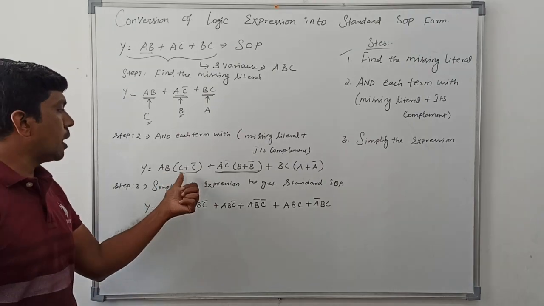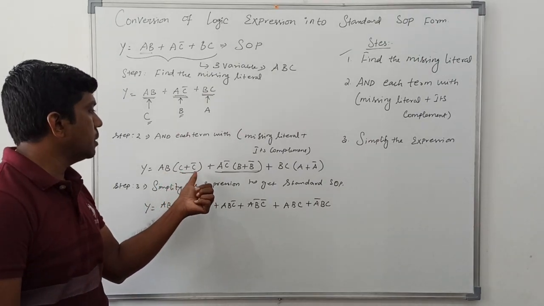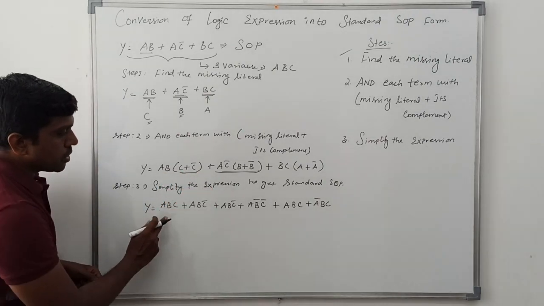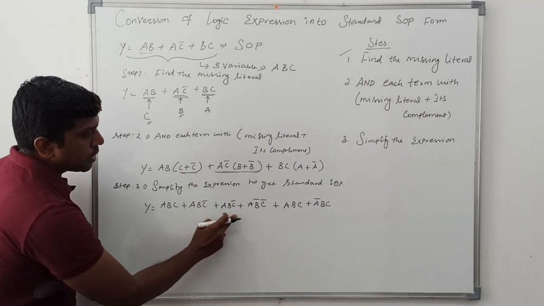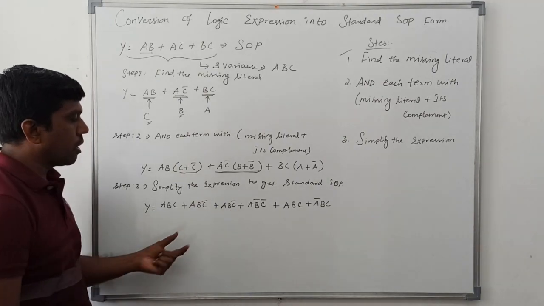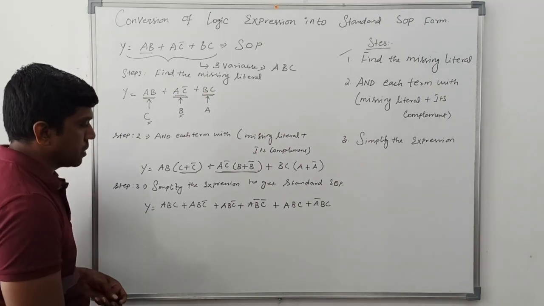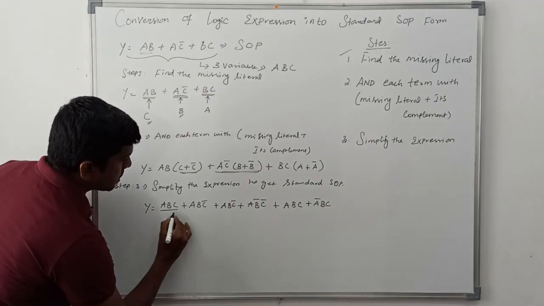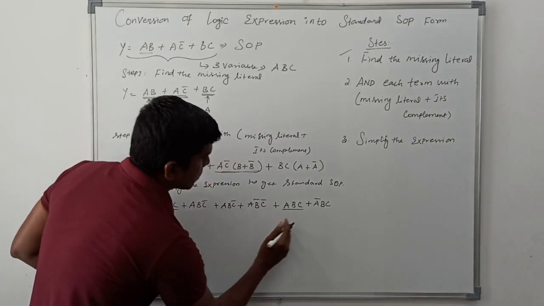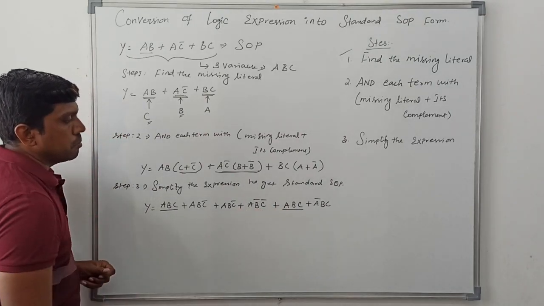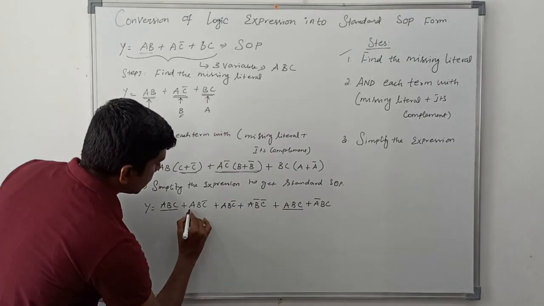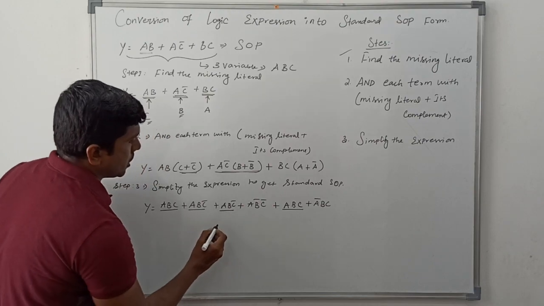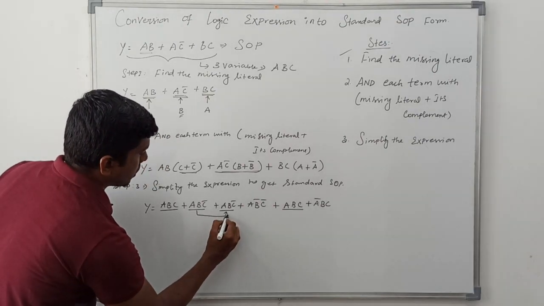After taking the AND operation with the missing literal and its complement, we verify whether any redundant product term is available in this Boolean expression. Here ABC and ABC, so this product term is redundant. Then ABC bar, ABC bar, so this is also redundant.